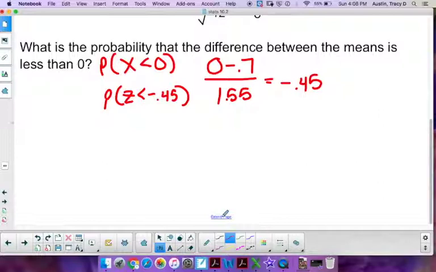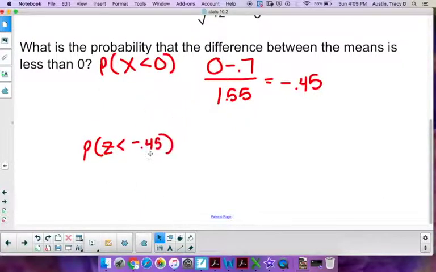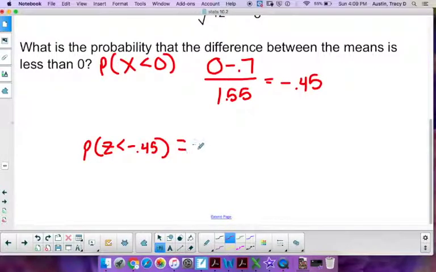Okay, so negative 0.45, you should have gotten 0.3264.